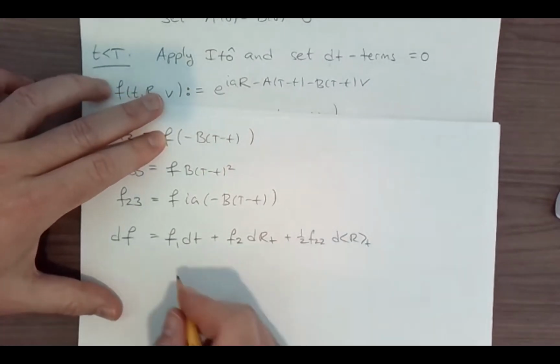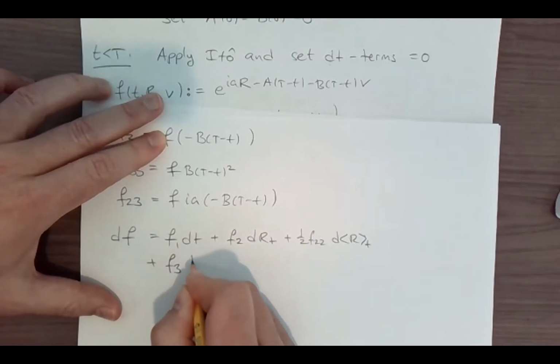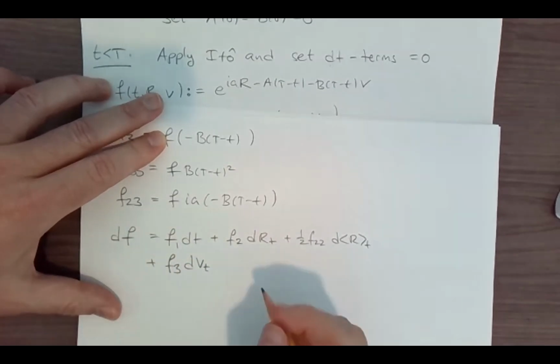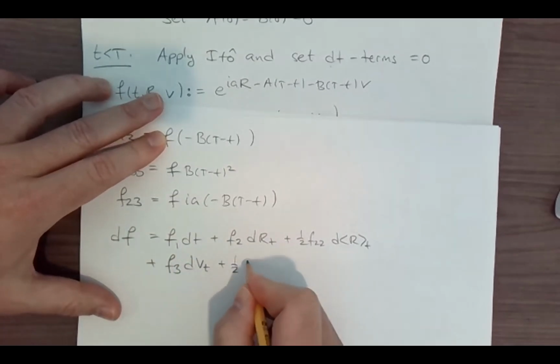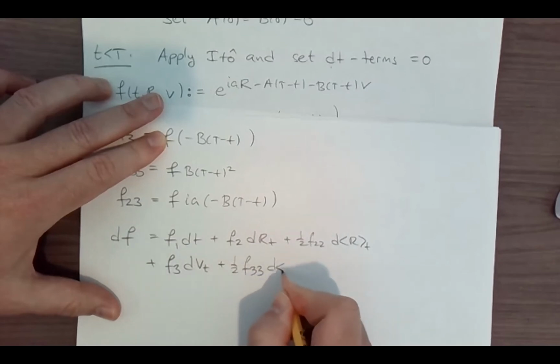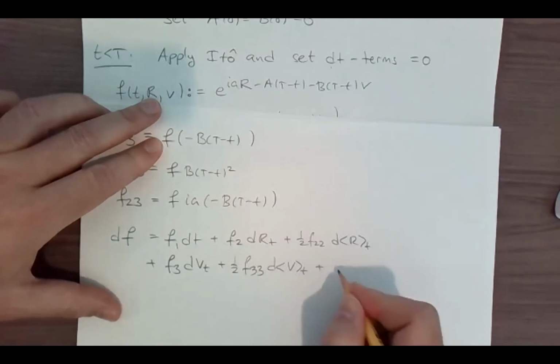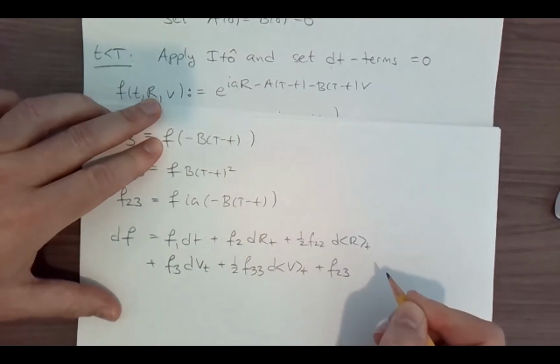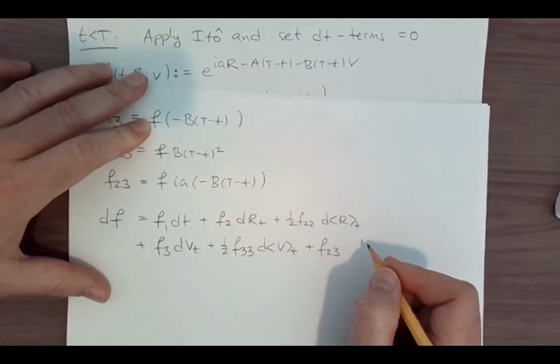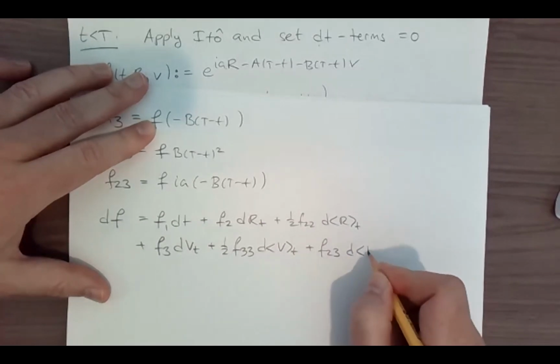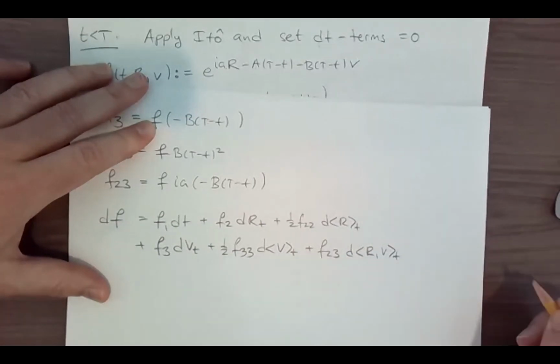Then I have a v term, f3 dv, plus 1/2 f33 quadratic variation of v. And then I need the cross term. I need two of them, so I'll get f23 and then the cross variation between r and v.